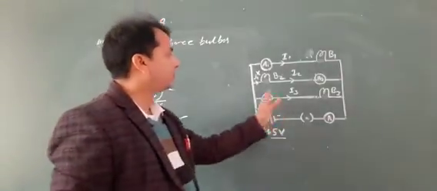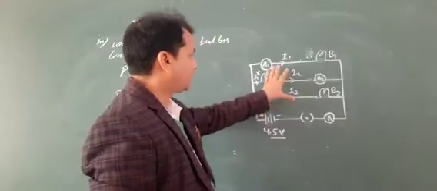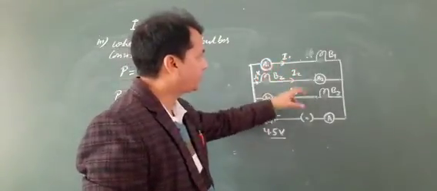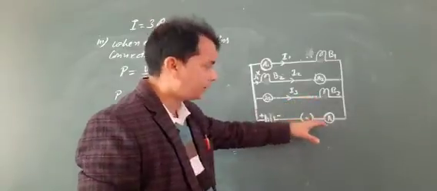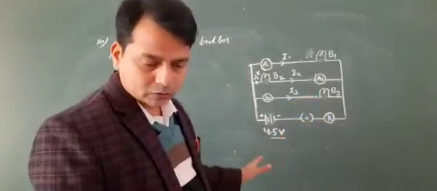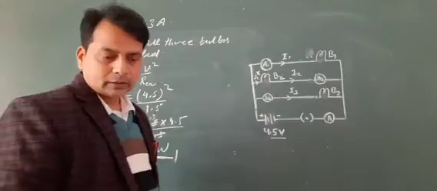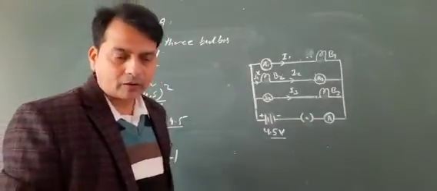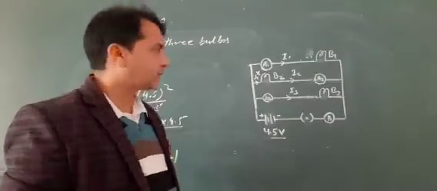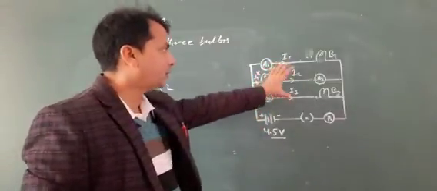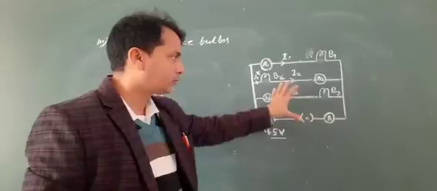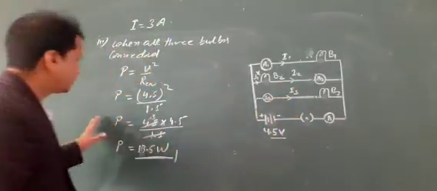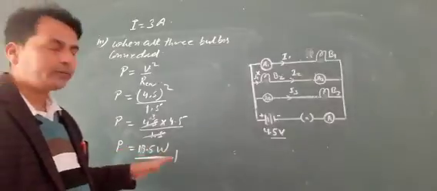If the bulb B2 gets fused, there is no effect on ammeters A1, A3 and A. And the third question is: how much power is dissipated in the circuit when all the three bulbs glow together? So it is clear that when all the bulbs B1, B2 and B3 glow together, the power dissipated is 13.5 watt.